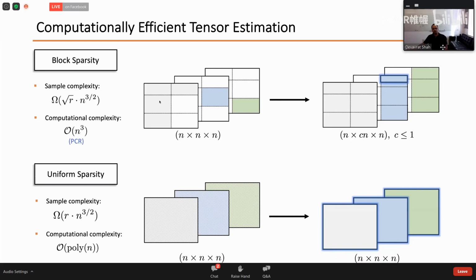Here, what's happening is that we have this block sparsity pattern with appropriate conditions, and that allows you to recover a tensor of similar form with a similar amount of data with principal component regression, which is effectively ordinary least squares, and that's at least an upper bound on that complexity.